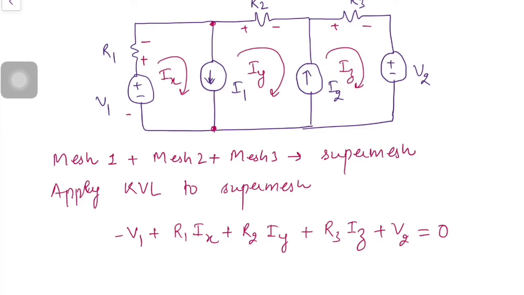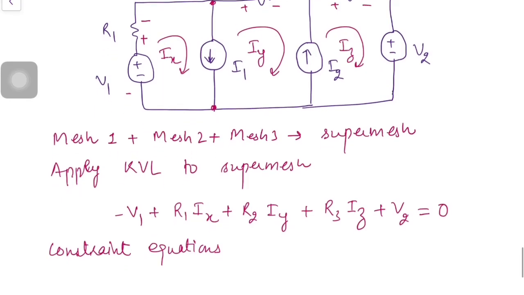Then we will have two more equations, that will be the constraint equations. Now instead of having just one constraint equation, we will have two constraint equations. The first constraint is imposed by this branch, where the current in this branch is in downward direction, equal to I1.